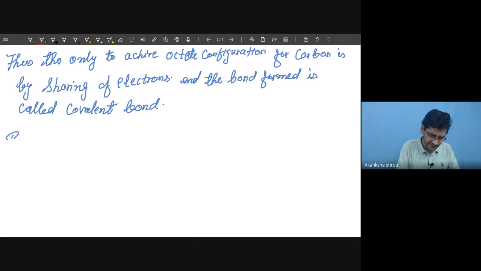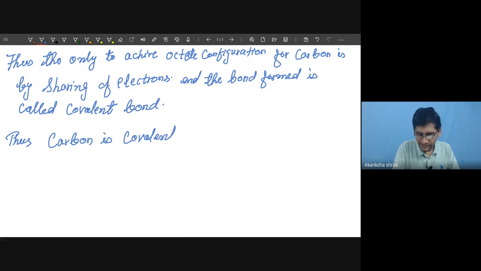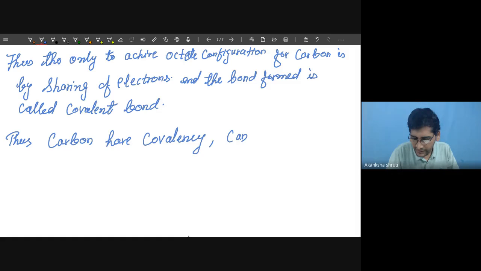So thus carbon is covalent, or carbon has covalency, better to use that. Carbon has covalency, it cannot have electrovalency. Electrovalency means losing or gaining, then forming the bond by forming the ion, that we have learned in the last chapter. It cannot be electrovalent.